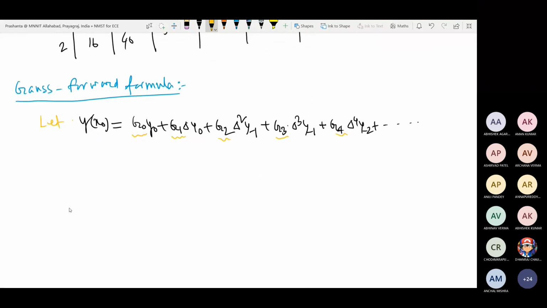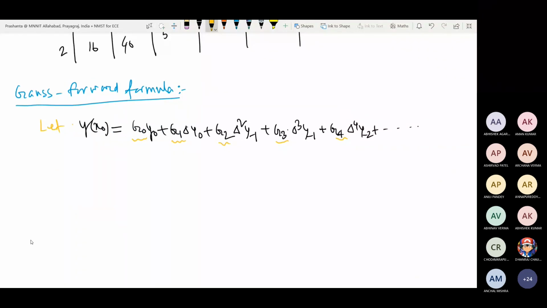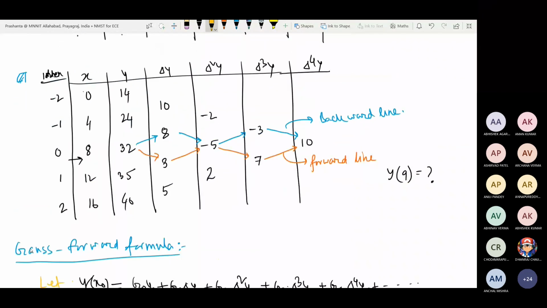Okay, so not y of x naught, this is y at xp.